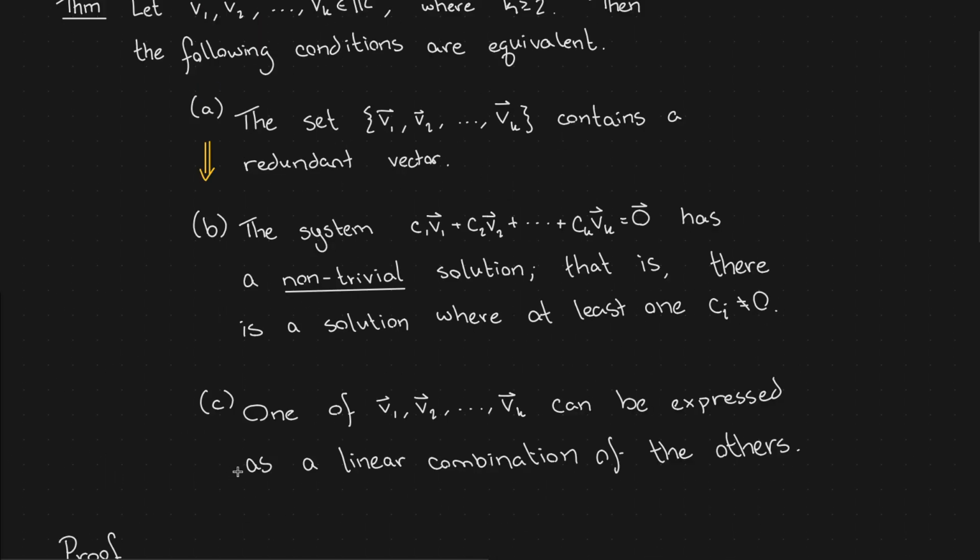Now we want to show that B is true. We want to show that if we look at this system and set it equal to 0, we have a non-trivial solution. We can choose the c's so that they aren't all 0. We're going to do this a clever way.